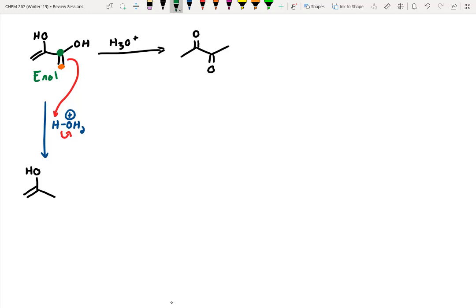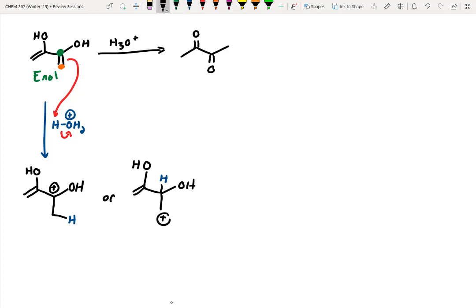Well, let's try it, right? So let's determine, is it more likely that we'll have a proton coming off here, or is it more likely that our proton will come off there?